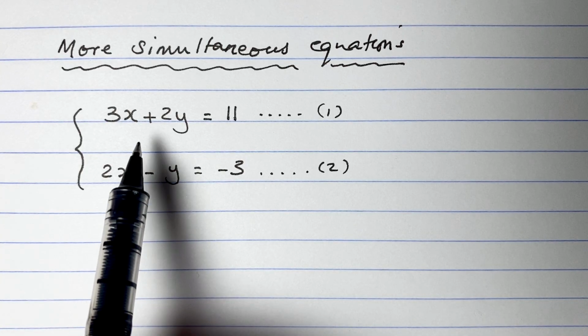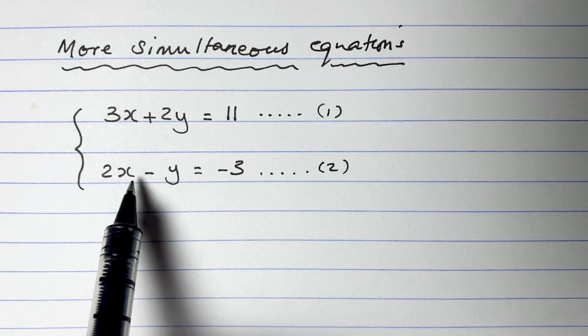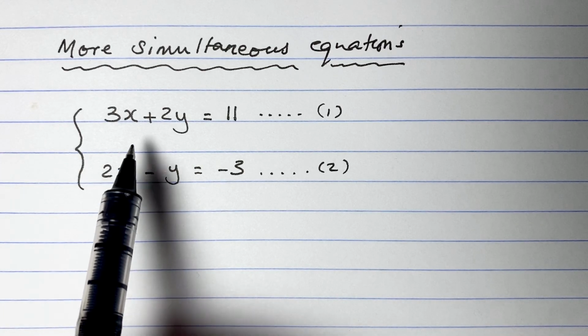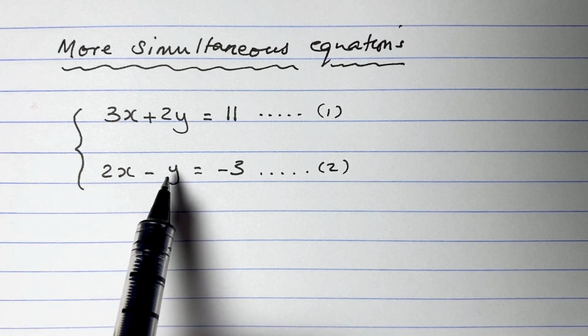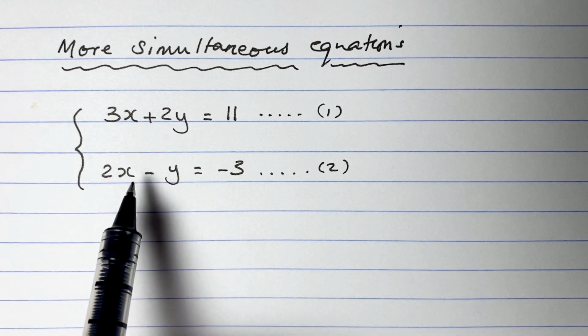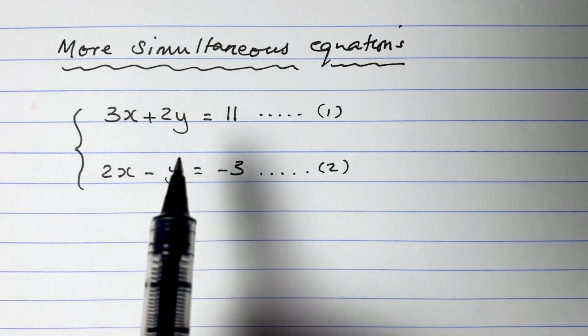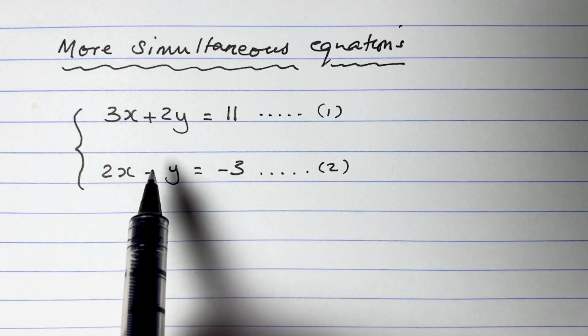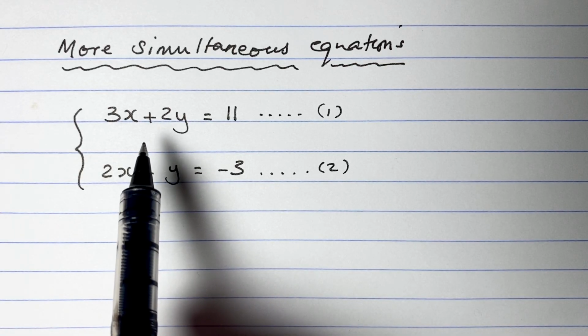My only reason here is the signs of y are different. So when I make the numbers of y the same, then by adding I will get rid of y.